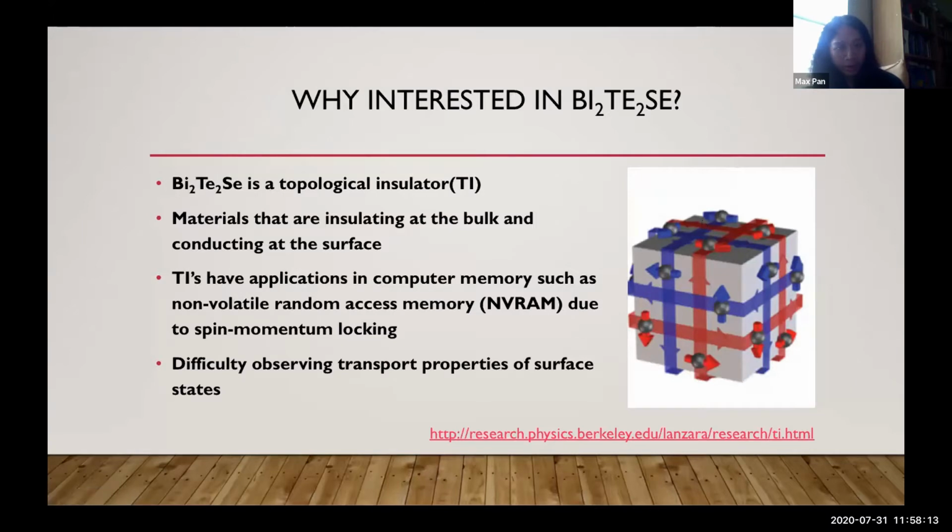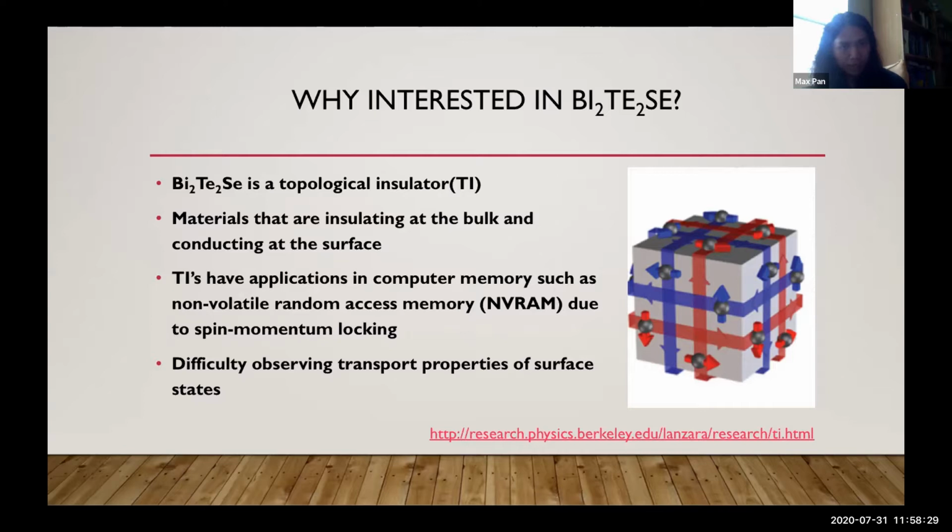So why are we interested in these materials? Well, bismuth-2 tellurium-2 selenium has been experimentally determined to be a topological insulator, in which topological insulators are materials that are insulating at the bulk and conducting at the surface.